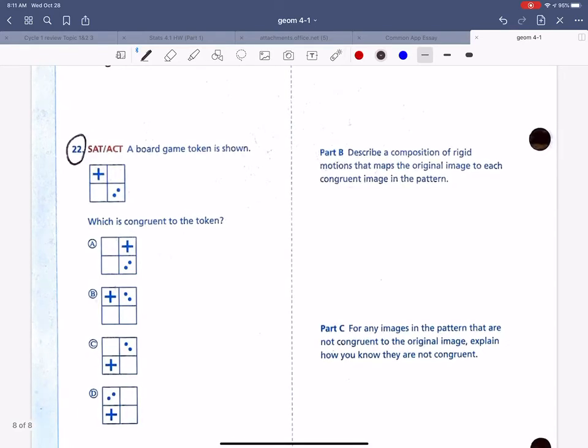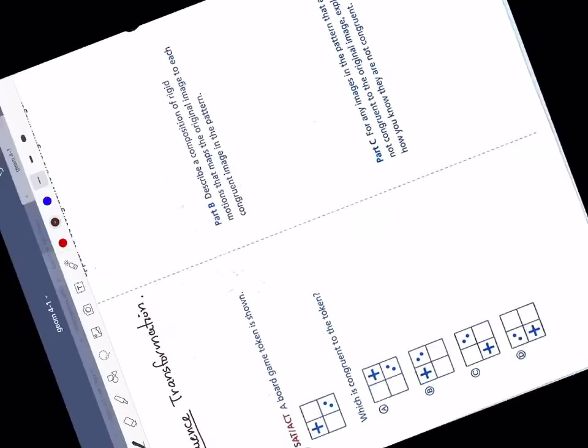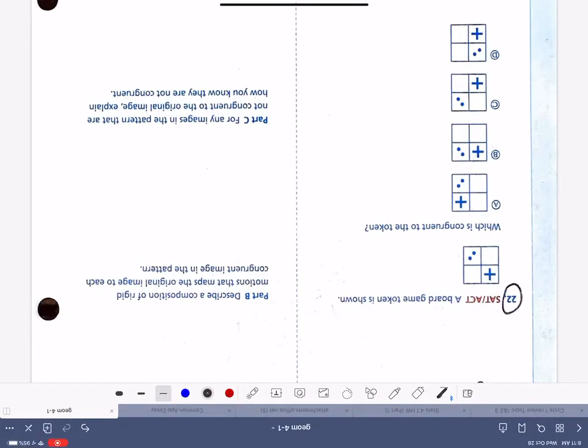Which board game token is shown? So if I flip this upside down, or right side up, this is in the top left, and this is in the bottom right.